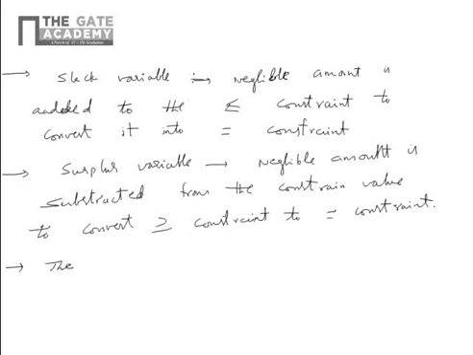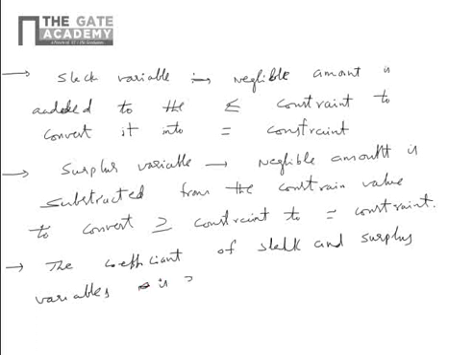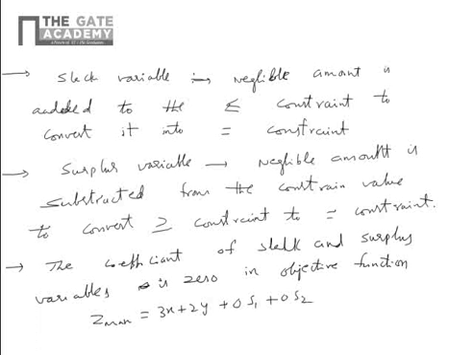The coefficient of slack and surplus variables is 0 in the objective function. Z max equal to 3x plus 2y plus 0 s1 plus 0 s2. S1 and S2 are slack and surplus variables.